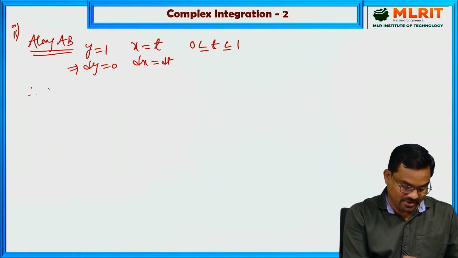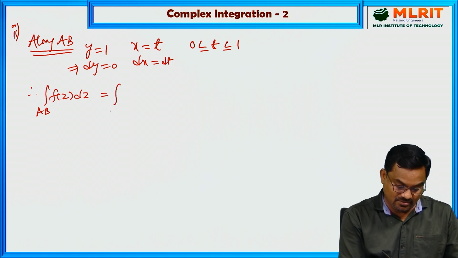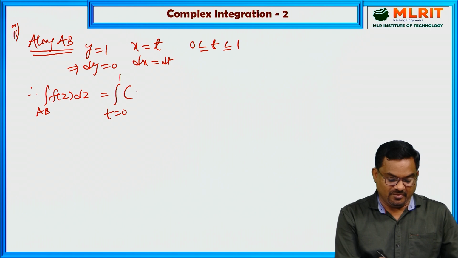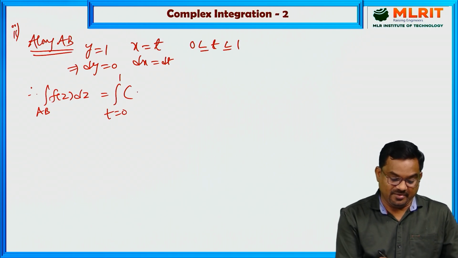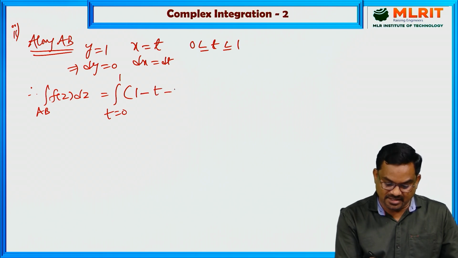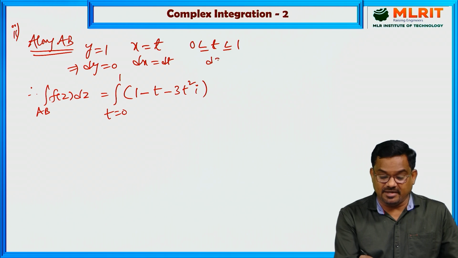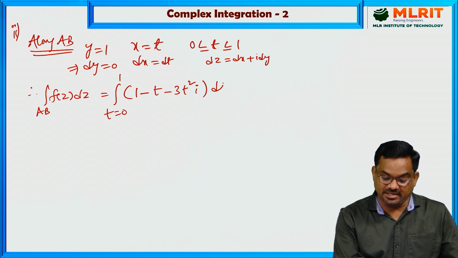So along AB, f of z dz is the integral of t from 0 to 1, of y minus x minus 3x squared i, with y equal to 1. Now dz is dx plus i dy, so here dy is 0, dx is dt. So we need to integrate this.